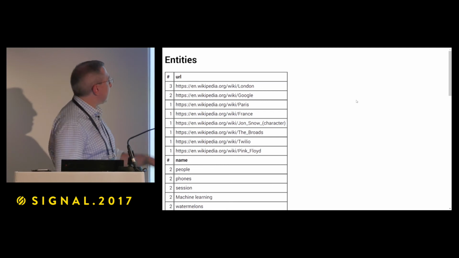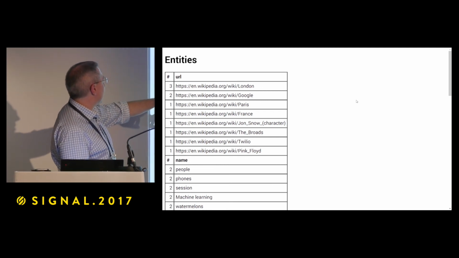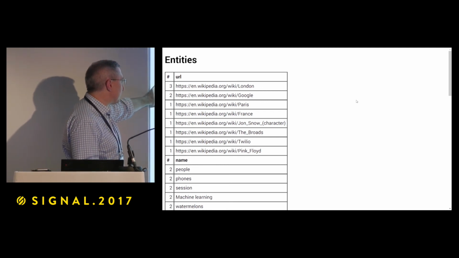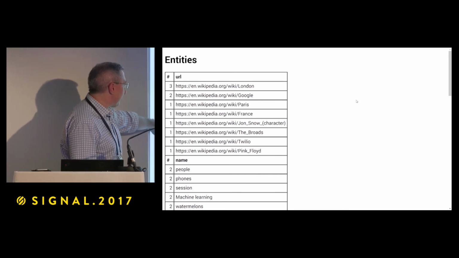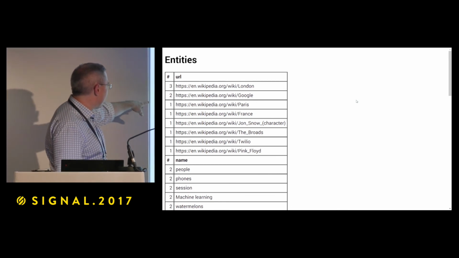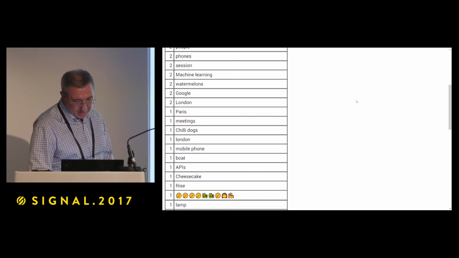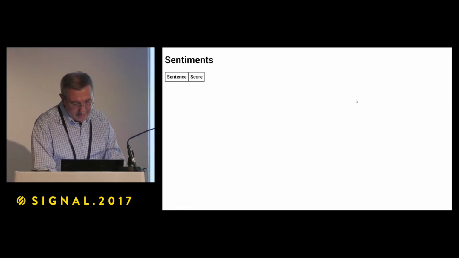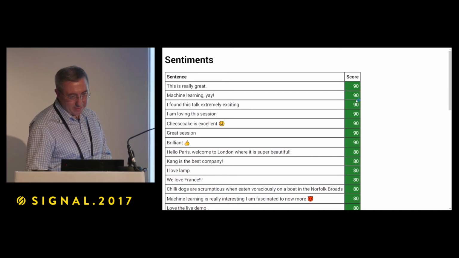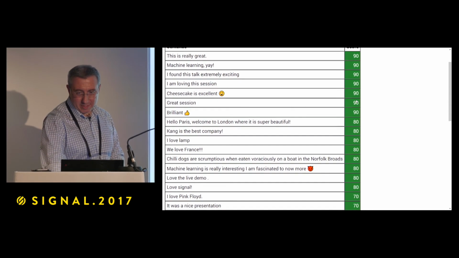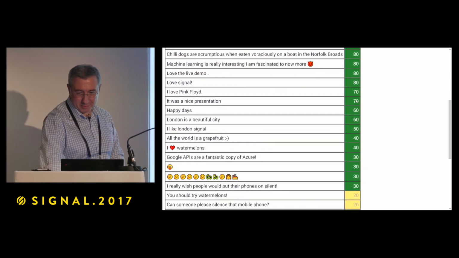Someone talked about London, Google, Paris, France. Oh, there was Game of Thrones, Twilio, Pink Floyd, the Broads. I don't know what the Broads are, but I just have to click here. Okay, and let's have a look at the sentiments. This is really great, machine learning. Oh, you are so positive.